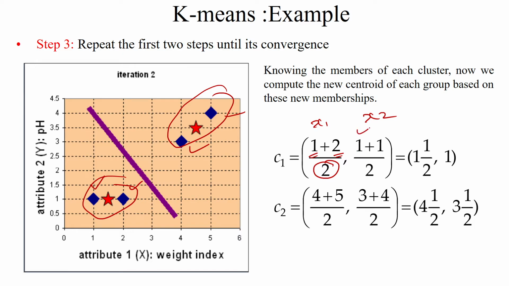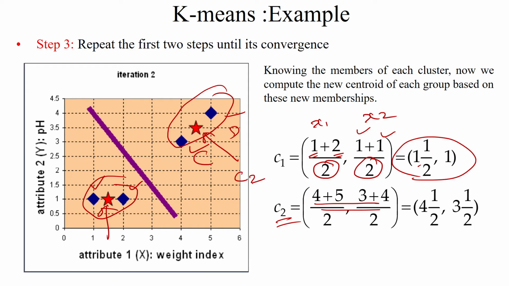Then the same for x2. When you calculate that, you will get 1.5 comma 1. Next, for C2, we have C and D. Applying the calculation, you get 4.5 comma 3.5. So 4.5 comma 3.5 is the new cluster center C2.